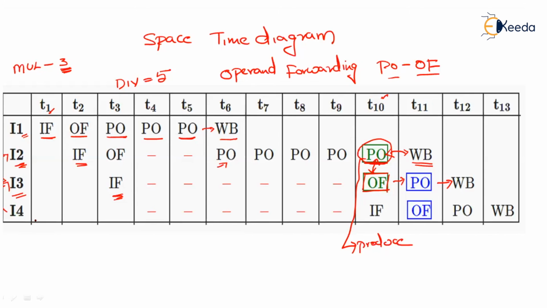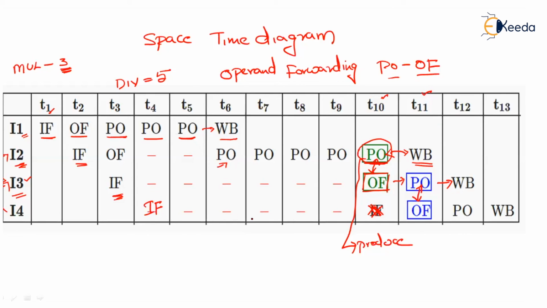I4 will enter the instruction fetch in T4 itself, because the instruction fetch stage is free. So I4 can enter in the 4th clock cycle. Then it cannot fetch the operand, because the operand will have to be produced by I3. The moment the operand is produced, in the same clock cycle, it will get forwarded. The operand is being produced by I3 in the 11th clock cycle.